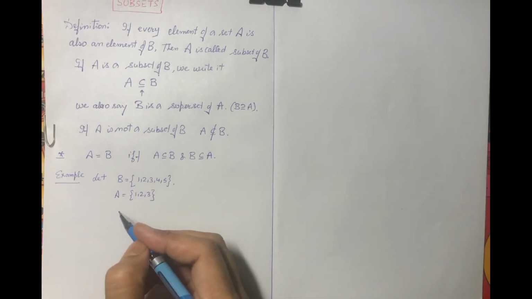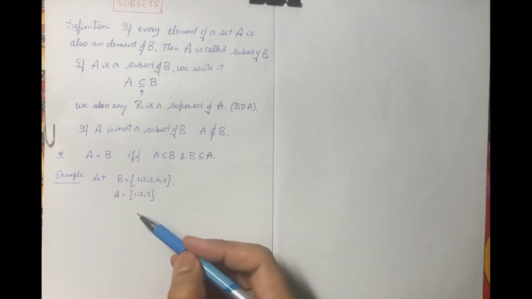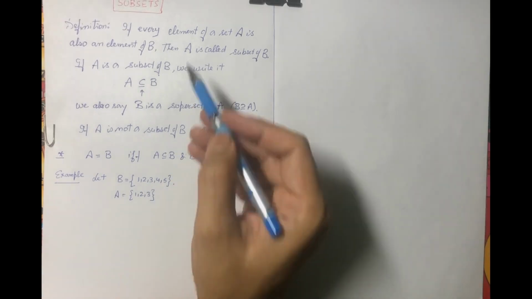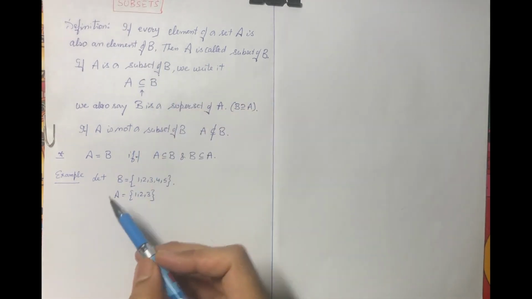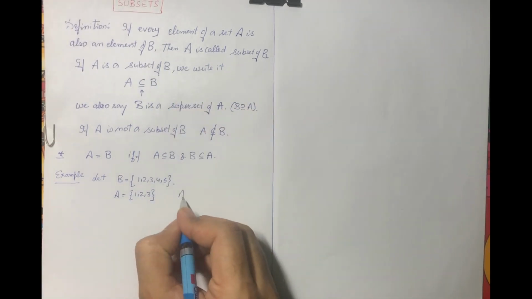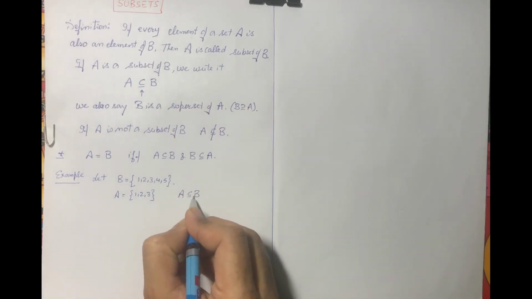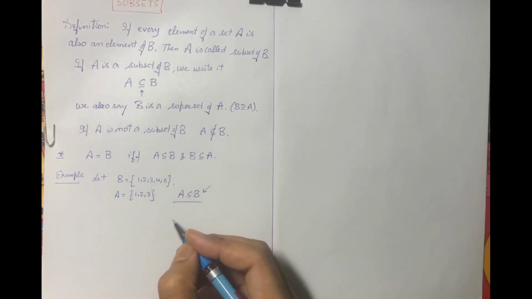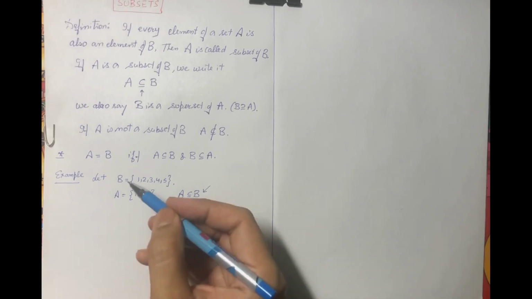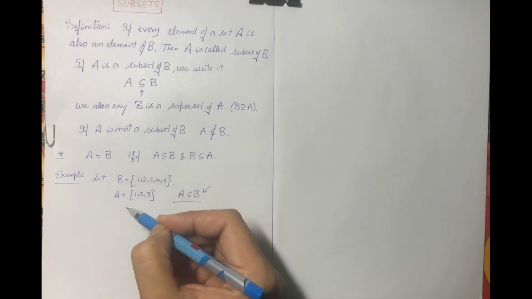Clearly, when we apply this definition, every element of A is also an element of B. So A is called subset of B and B is called superset of A. Why? Because B contains A.